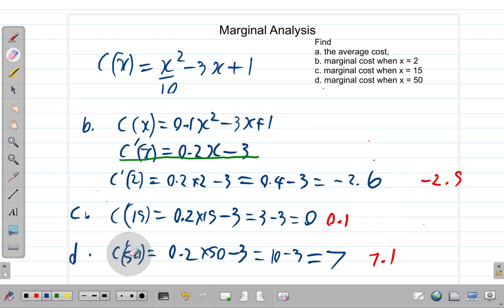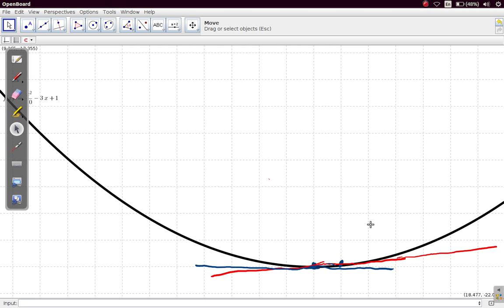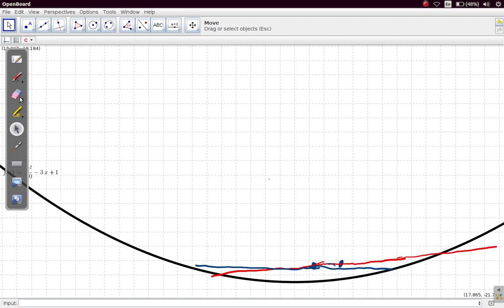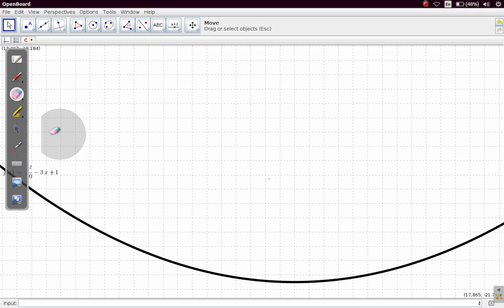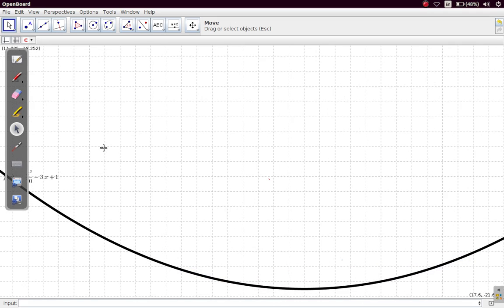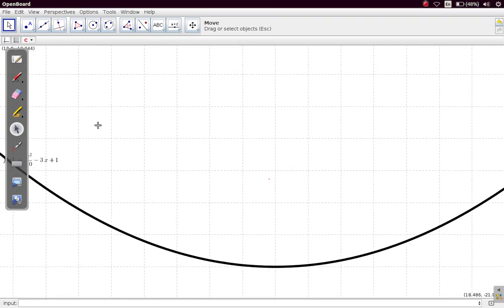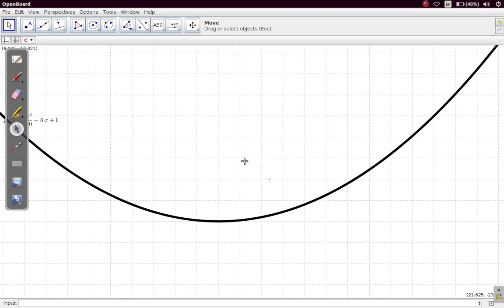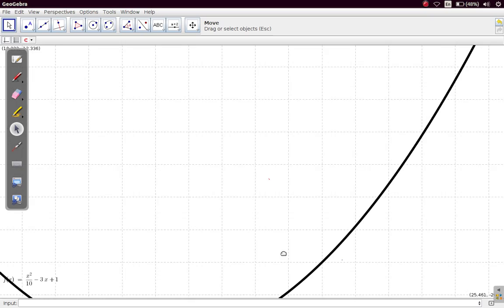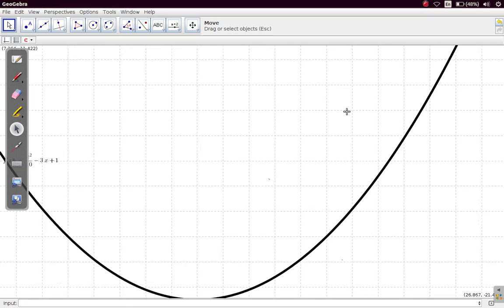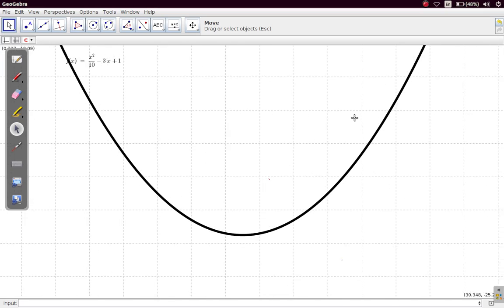Now here at 50 we have 7 and then 7.1. Let's look at what happened at 50. Let's erase these things first. We have to zoom out and look at the 50 line. See if we can find the line at 50.